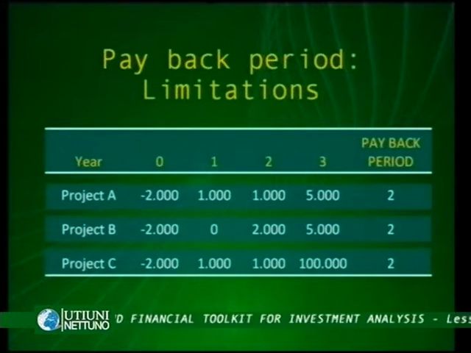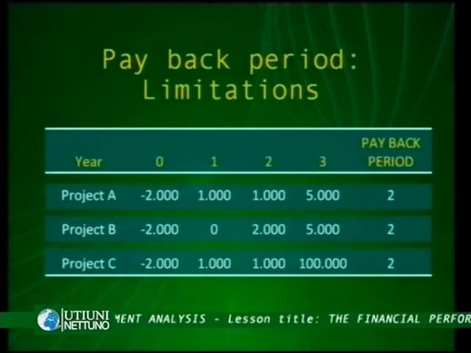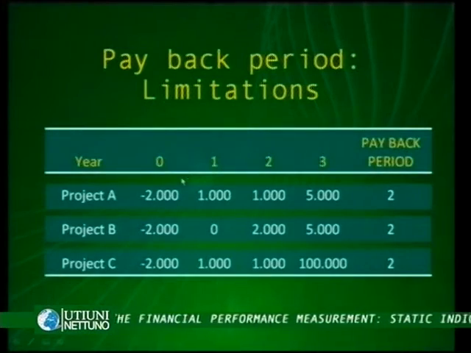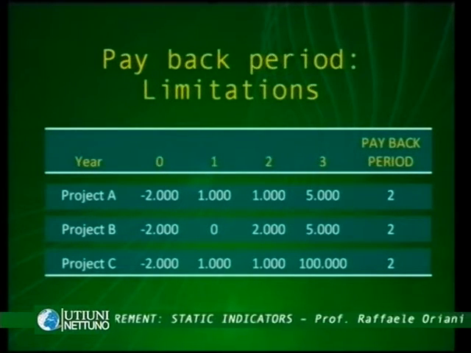So let's take three different projects that we name Project A, Project B, and Project C. All these projects have an expected life of 3 years. So you have an initial investment for the 3 projects made in year 0, and then these projects are generating cash flows for 3 years, that are year 1, year 2, and year 3.